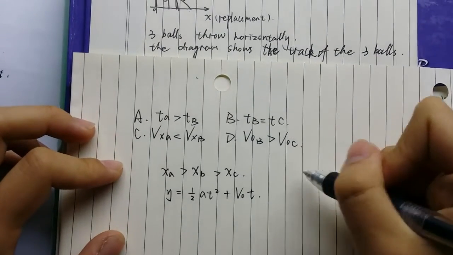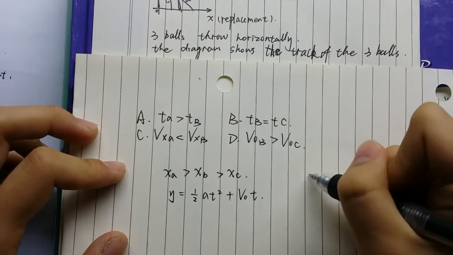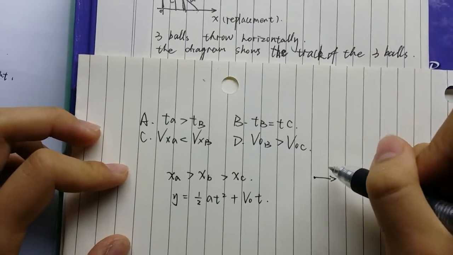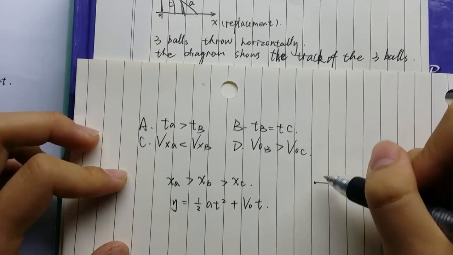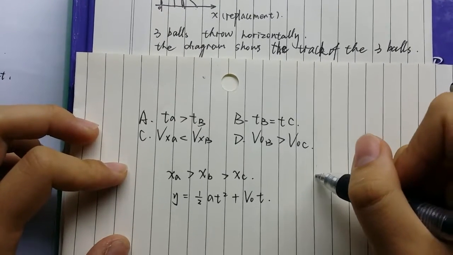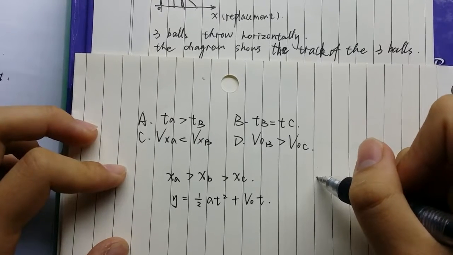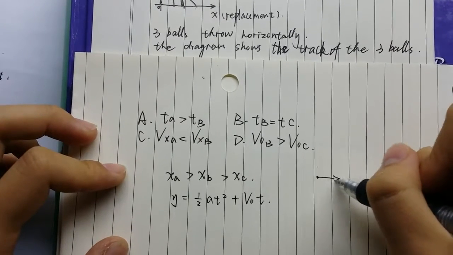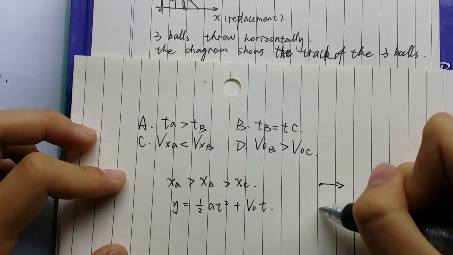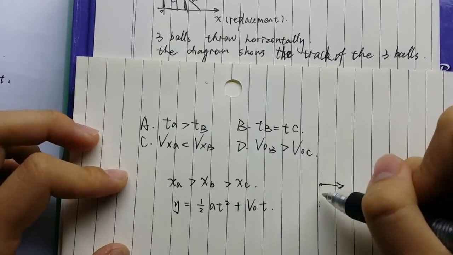Because the balls are thrown horizontally, the initial velocity of the ball is just the velocity that is horizontal. So there is no velocity along the y-axis.